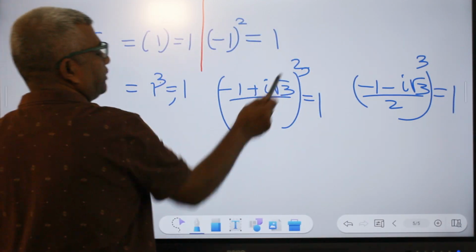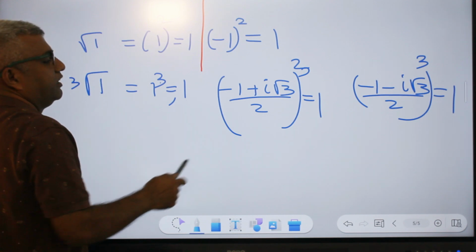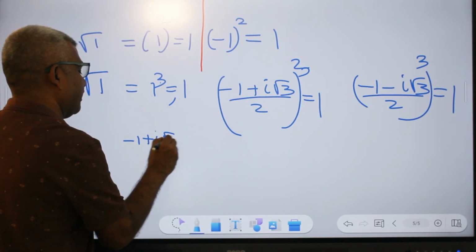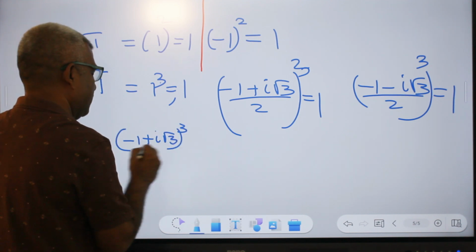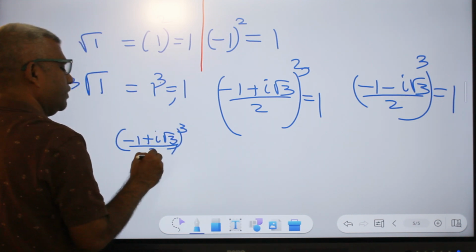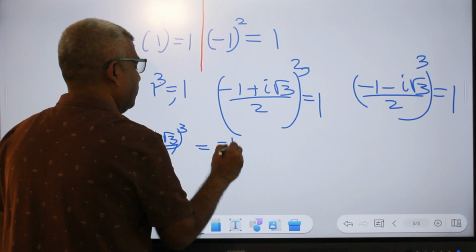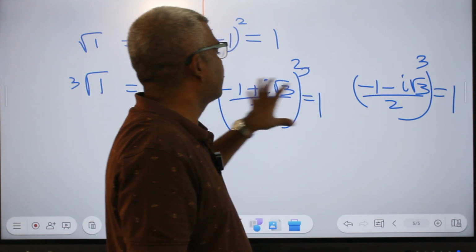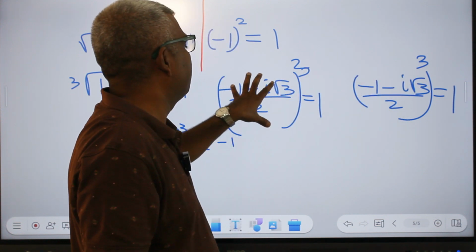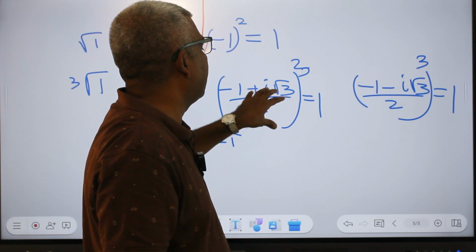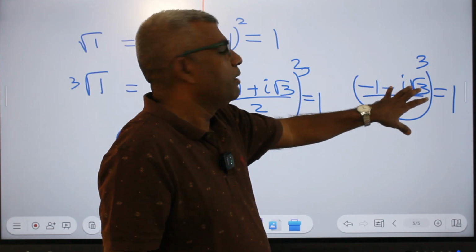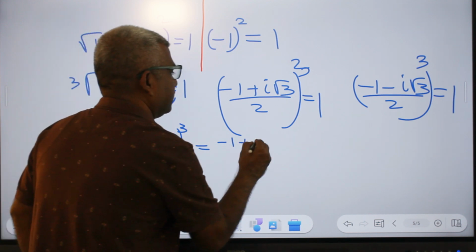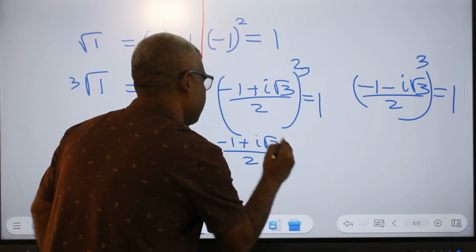Okay, this one we are going to do now. Minus 1 plus i root 3 by 2, cube. We already found the square is this one. So we need to find the cube: minus 1 plus i root 3 times minus 1 minus i root 3, by 2, will give the cube.